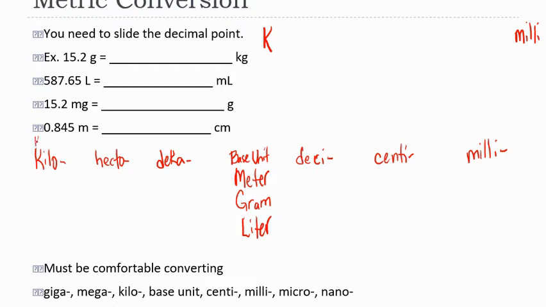And that is King Henry doesn't usually, and that is for base unit, drink chocolate milk. So if you're trying to remember these prefixes, that is what you can use to help you remember them.